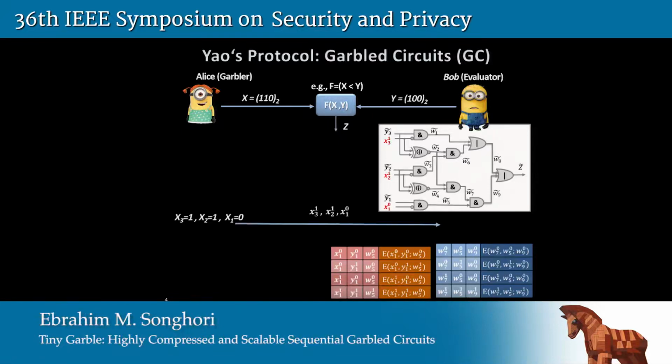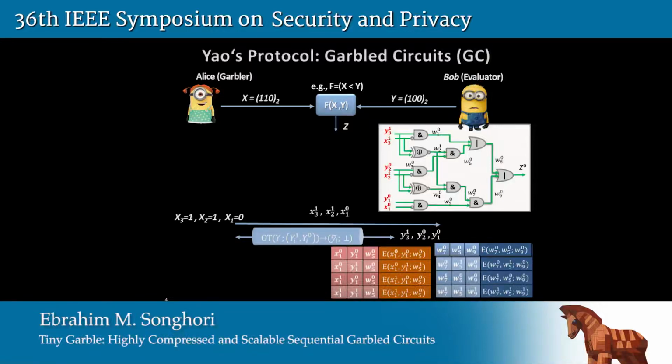Alice sends her inputs to Bob, and through a protocol called oblivious transfer, or OT, Bob receives his inputs. So Bob has all the input wires, so we can go ahead and open each of these encrypted truth tables to get the final output. After this, he can share it with Alice to find out what the actual output was.